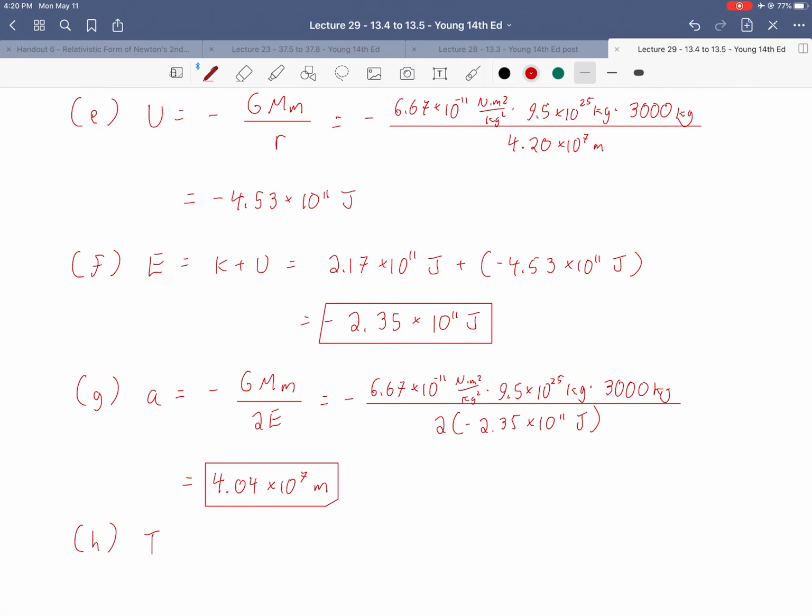We just replace the R with an A. So T for the elliptical orbit is just going to be the square root of 4 pi squared over GM times a cubed. Okay, and those are all things we know now. We know a, and we already knew G and M, of course. I'm not going to show the calculation this time, just give you the number, but it ends up being 2.03 times 10 to the 4th seconds.